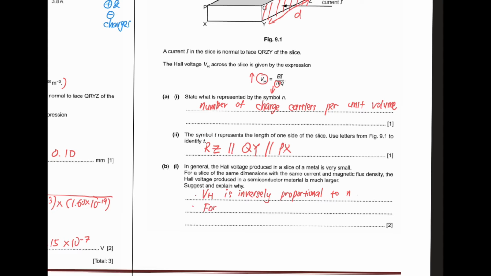Second point, for semiconductors, N is much smaller than for metals. Okay, so this one is settled already.